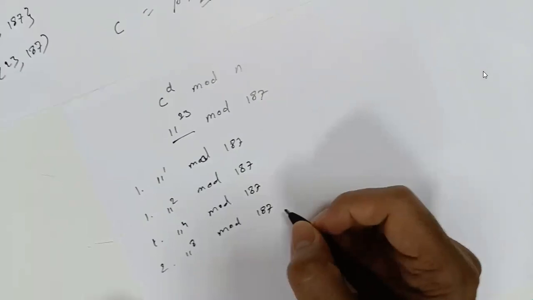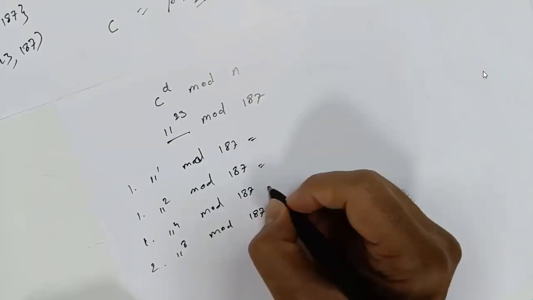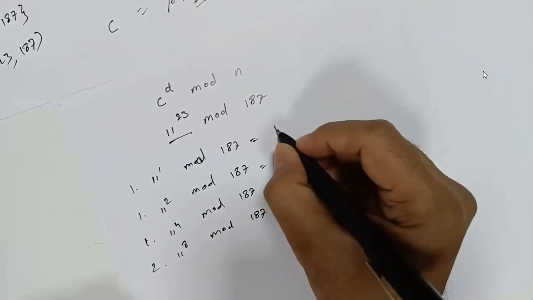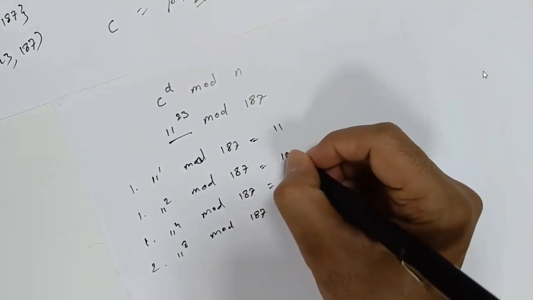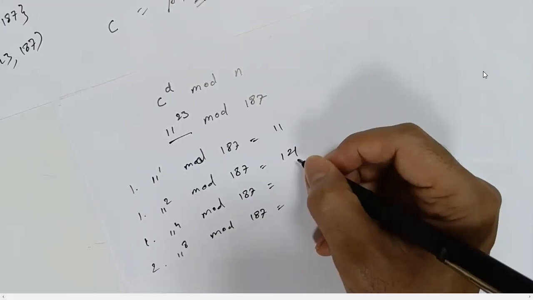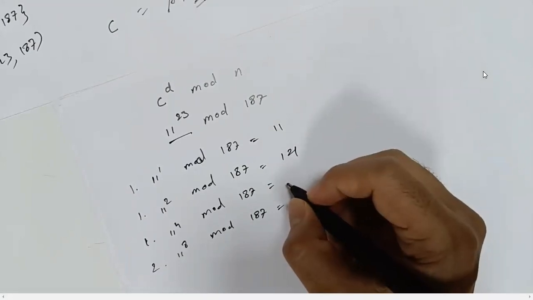If you're doing the calculation, if you got this, this will be 11. This will be 121. It would be one.